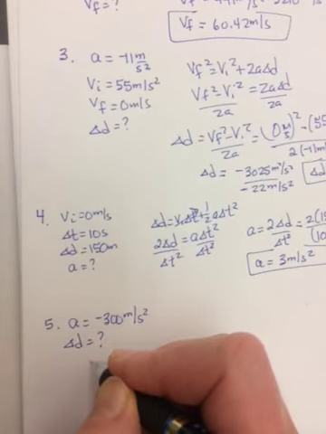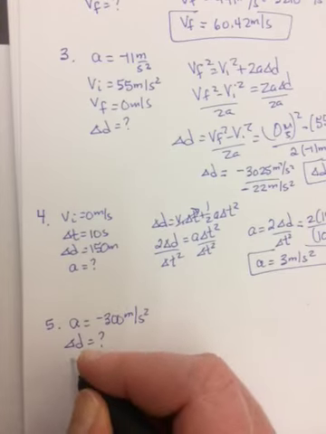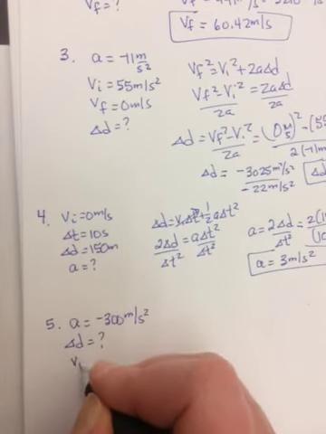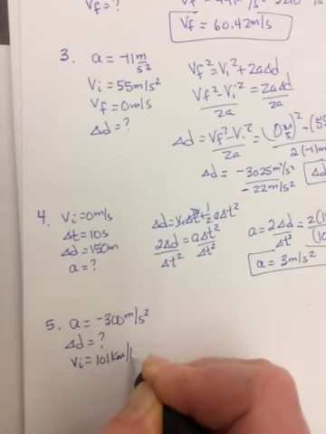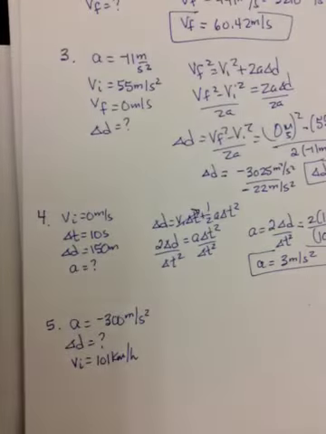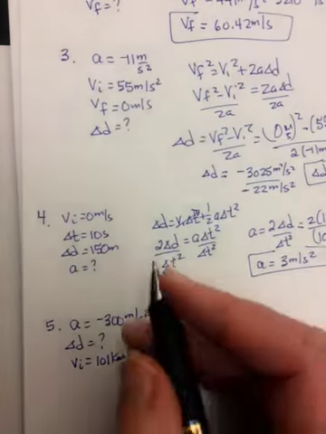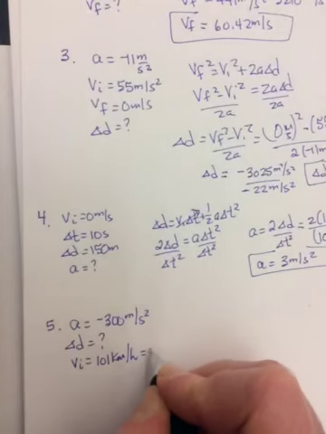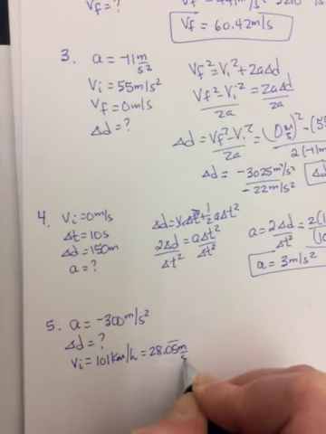How far will the front end collapse if the car crashes going 101 kilometers per hour? So VI is 101 kilometers per hour, and when you switch 101 kilometers per hour to meters per second, you get 28.05 with the 5 repeating.